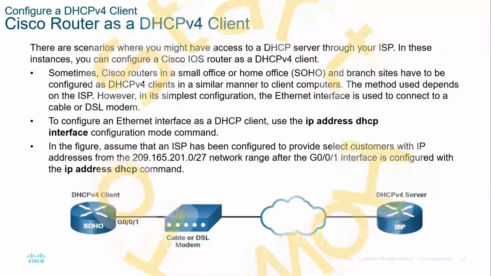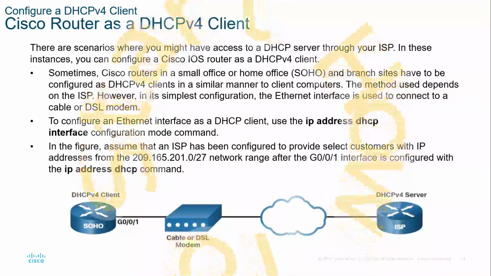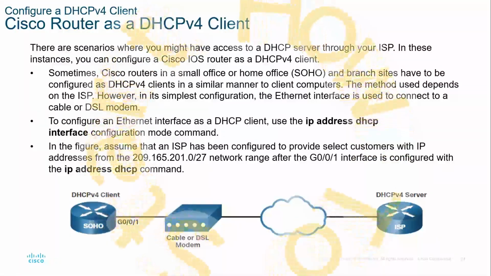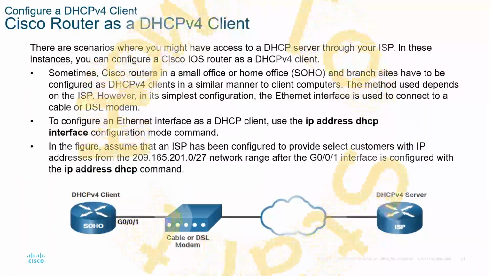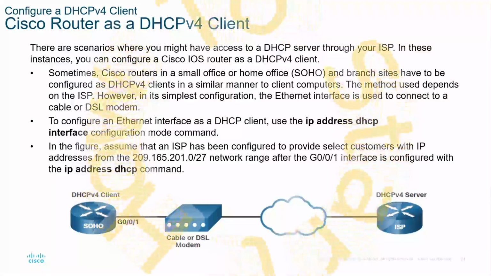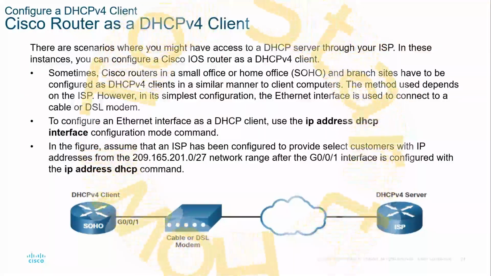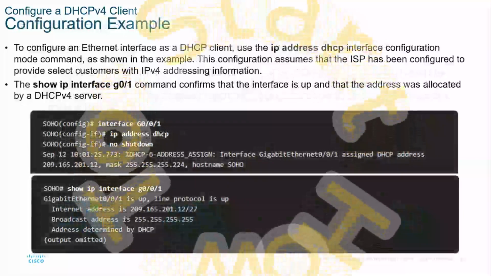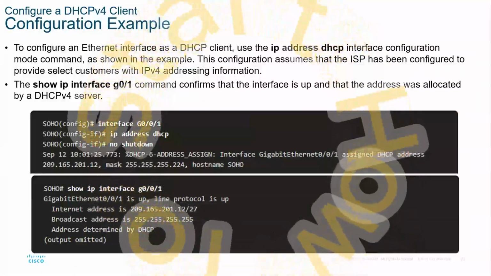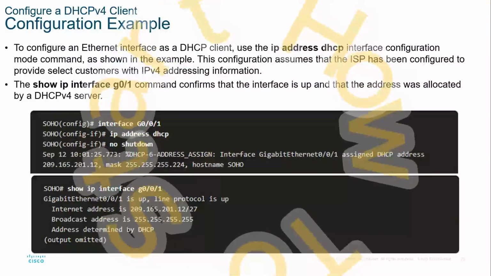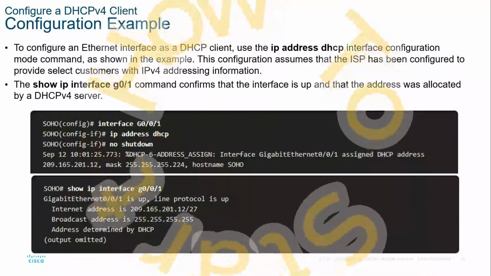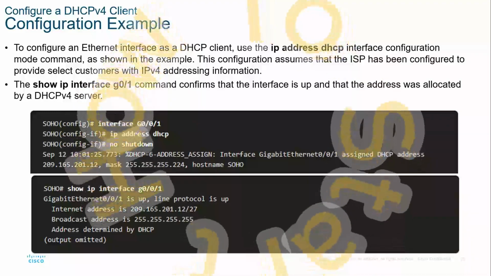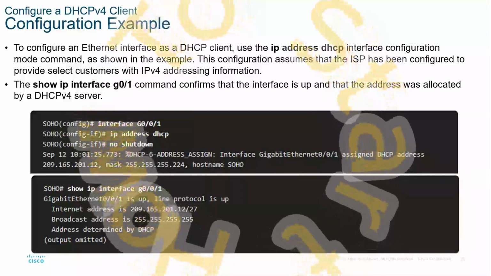We can actually do IP address DHCP, and that will basically tell that port it will be receiving its address via DHCP and to act as a DHCP client. Here's an example of how you would do it. Navigate to the interface, issue the IP address DHCP command, issue a no shutdown, wait, and it will eventually receive an IP address.